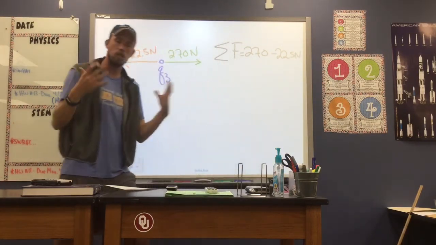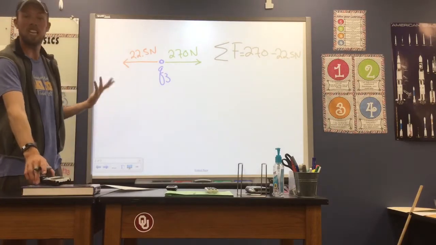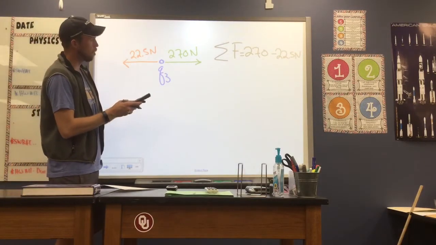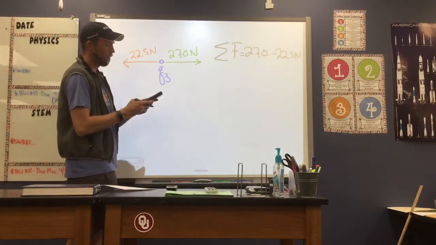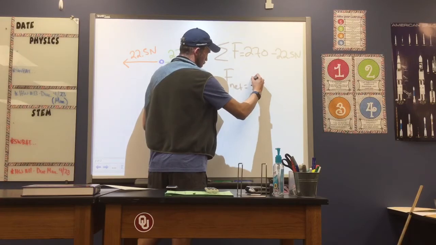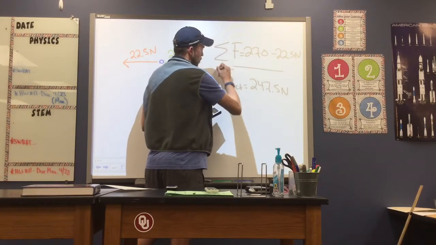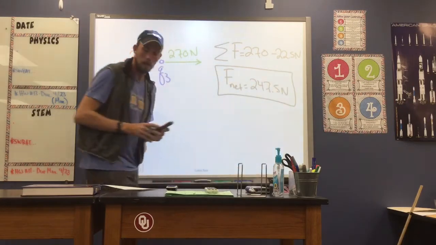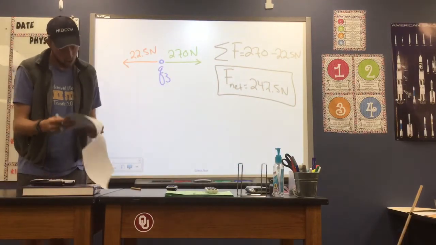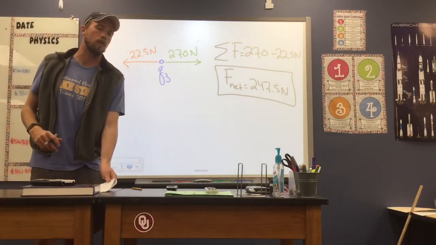They're in opposite directions, so when we sum them up, we'll treat the 22.5 as if it's in the negative direction. So 270 minus 22.5 gives us an overall net force of about 247.5 newtons. Now when I check my key, 247.5, there we go. So we know we found the correct answer.